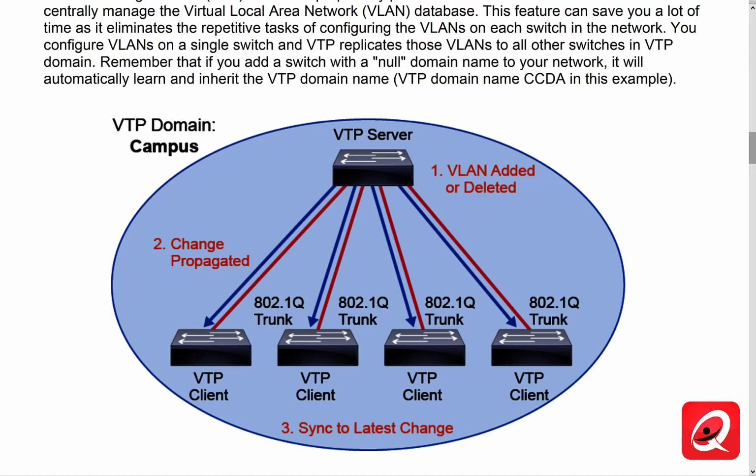So if I go into my VTP server and I add a VLAN, I delete a VLAN, I rename a VLAN, we send out a VTP update with a higher revision number, and any switch that's part of that domain will see that update. As long as the revision number that switch receives is higher than the current revision number of its current database, it will automatically synchronize to that new revised database. Okay?